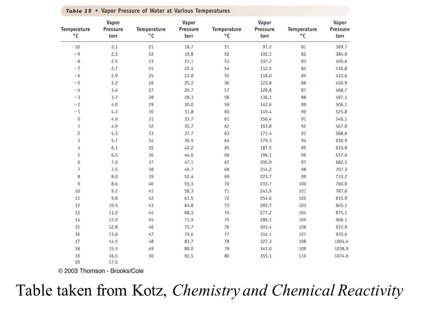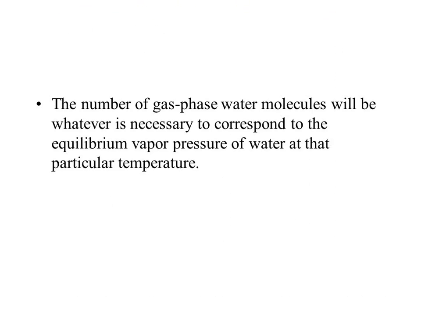Okay, smaller table, same information. So in tomorrow's lab, we're going to get a fix on the temperature of the room, and then you'll look on a table to get the partial pressure of water. Like I've been saying, the amount of water that will be in equilibrium is dependent upon the temperature.